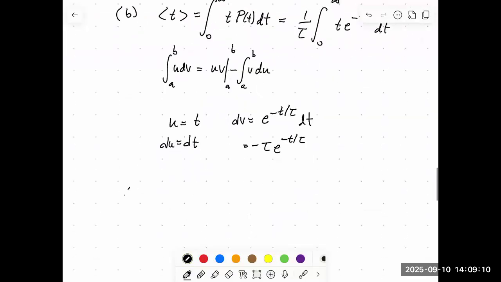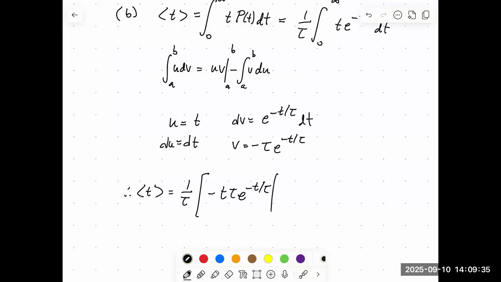Okay. So that means our expectation value for the time is we have a 1 over tau that sits out front. And then we're going to do our integration by parts. uv. So u is t, v is minus tau e to the minus t over tau.